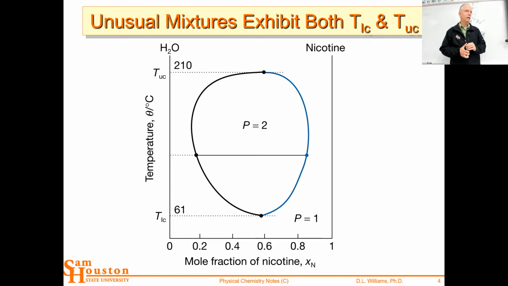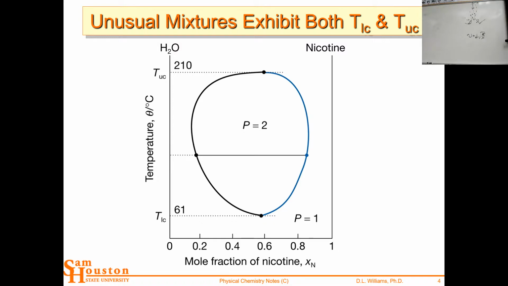You just use the lever rule, it's how much is it. If you go past that, then you're going to have two layers, and this will tell you the concentration of each layer. And then you can look over there on the far right, and that would be the solubility of water in nicotine. You know, 1 minus that. So it looks like about 85%. So if we're over on this side, let me get the pointer.